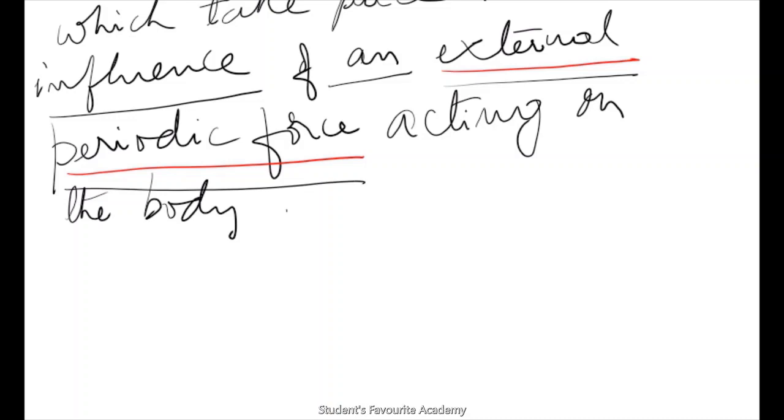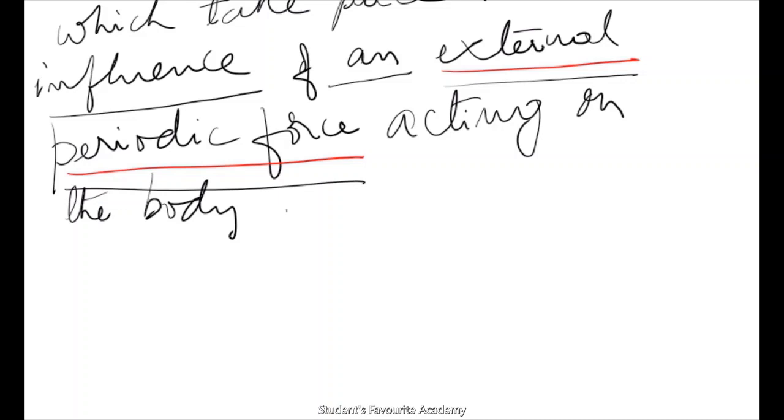So, the difference between natural and forced vibrations. The vibrations of a body in the absence of any resistive or external force are called natural vibrations. Forced vibrations are the vibrations of a body in the presence of an external periodic force.